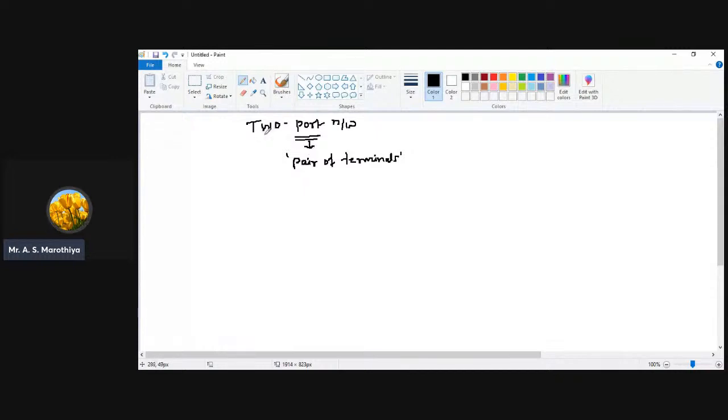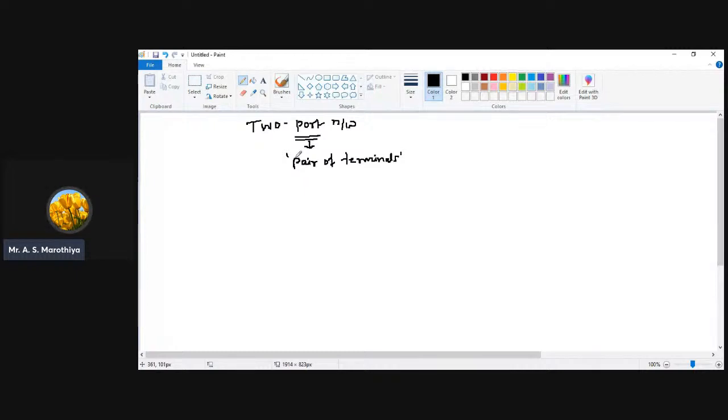And here, because we are dealing with a two-port network, we need to deal with two pairs of terminals simultaneously. And in one pair we have two terminals, positive and negative. So a kind of network or structure where we are dealing with four terminals simultaneously. One pair of terminals means one port, another pair of terminals means one more port.